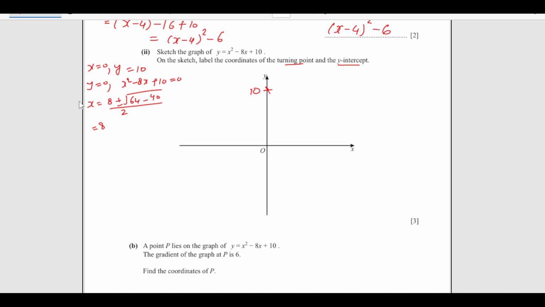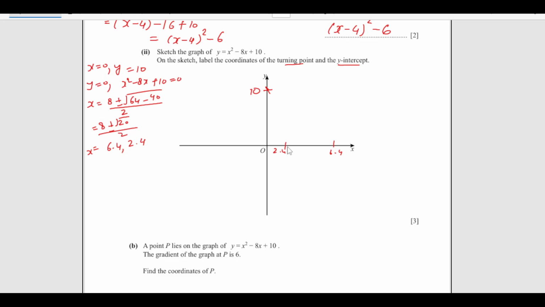So this is going to be 8 plus minus the square root of 64 minus 40 over 2. When you calculate this, it comes out to be 6.4 and 2.4. So that means the value of x is, it is intersecting somewhere here. Let's say this is 2.4 and this is 6.4. So the other 2 points of intersection are these 2 points.